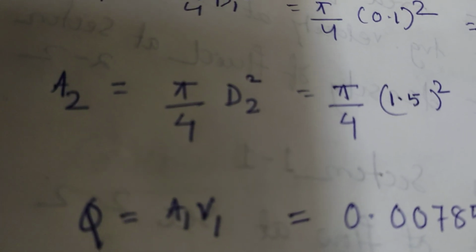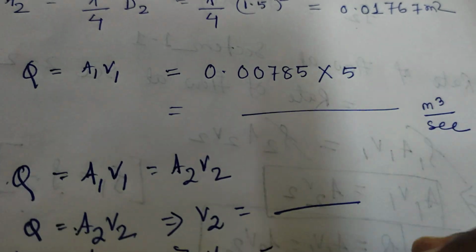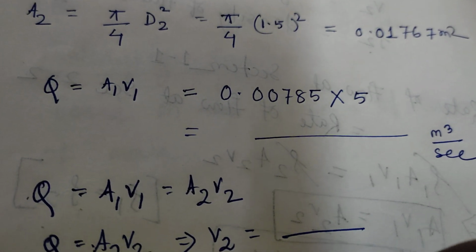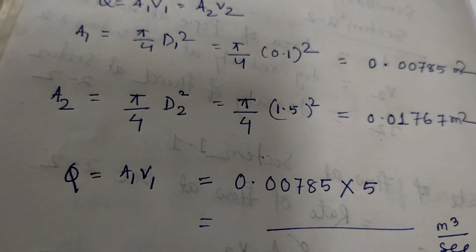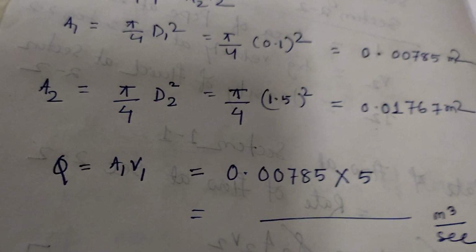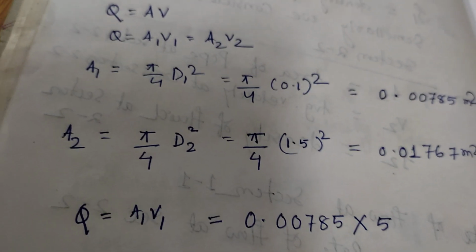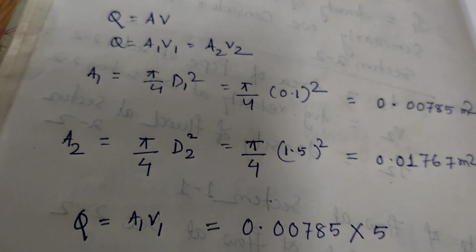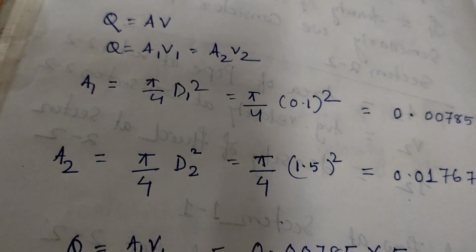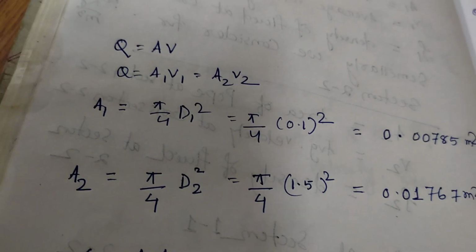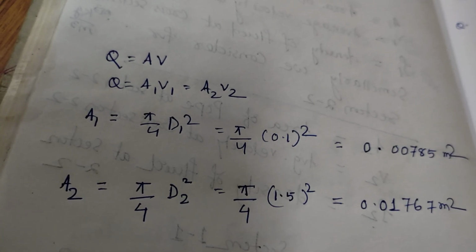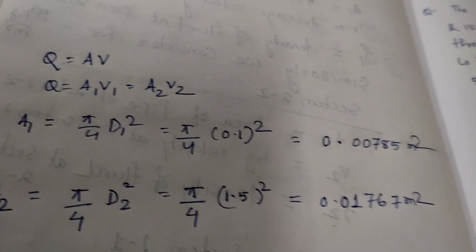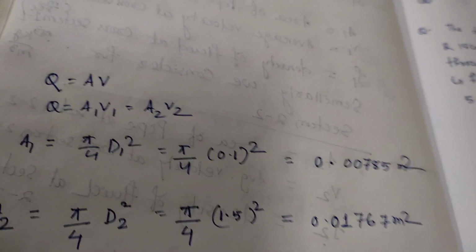The values are given here, unknown is V2. So how can we calculate V2? V2 equal to A1 V1 divided by A2. A1 value is 0.00785 into V1, 5, then A2 is 0.01767. That is that much meter per second.